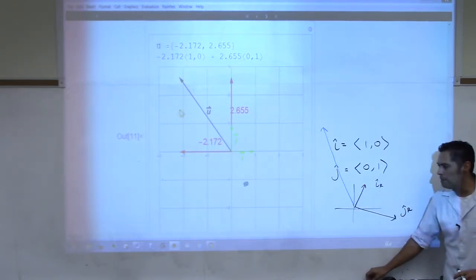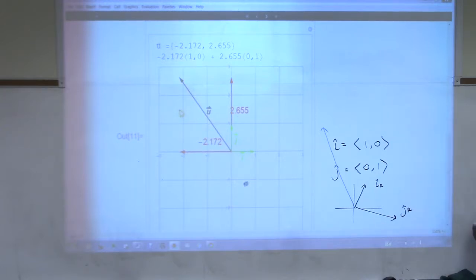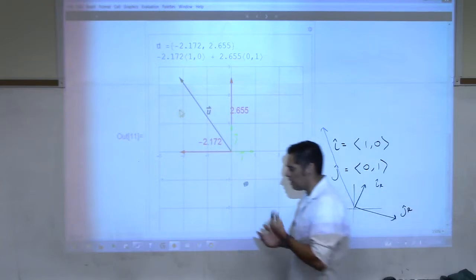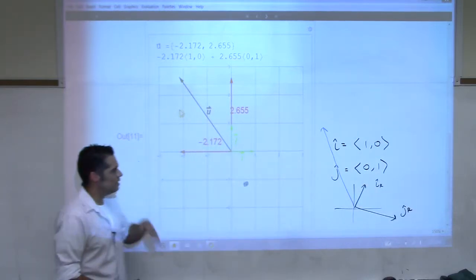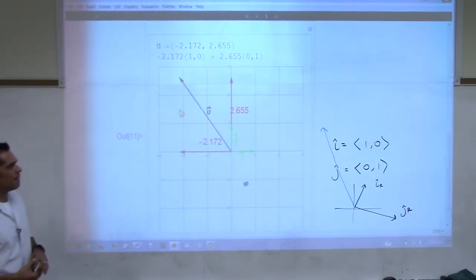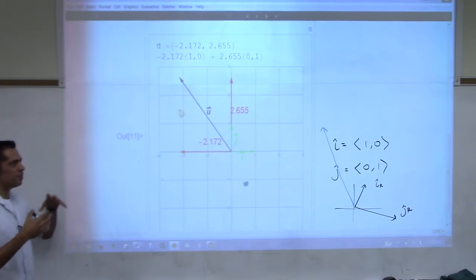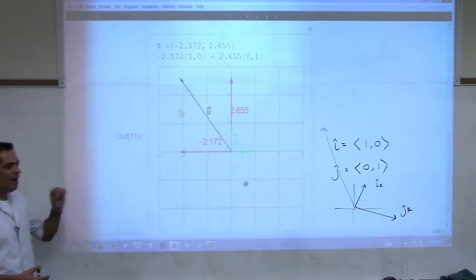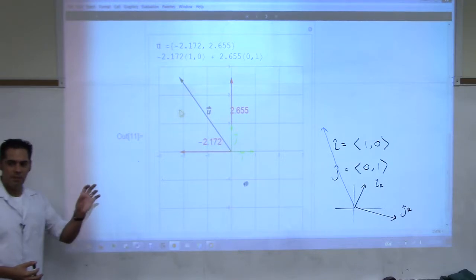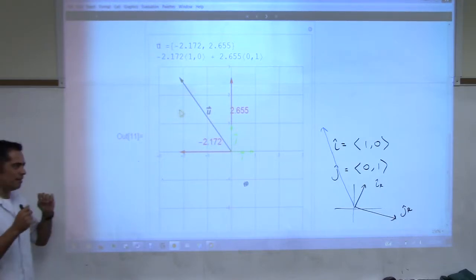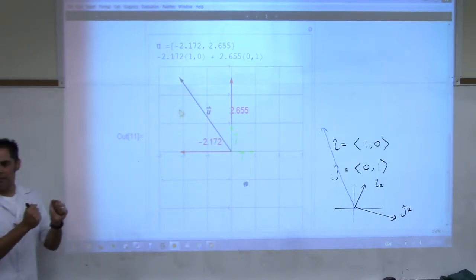I know I'm getting a little bit beyond what we should be talking about. But if you're going to take linear algebra, or you're taking it now, or it's in the future, when we talk about basis vectors for spaces, i hat, j hat in two-dimensional space are like the best you can get.